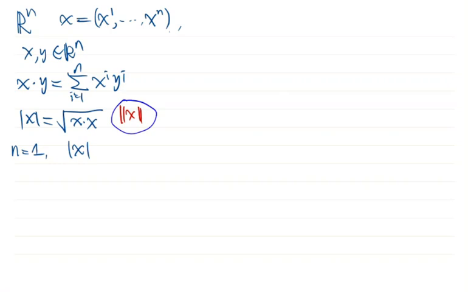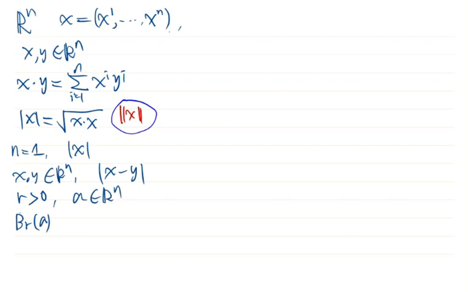Having defined the inner product, we introduce the distance between two points. If x and y are two points in Rn, their distance is the norm of their difference. And if r is a positive number and A is a point in Rn, then B(r, A) is the ball consisting of all points in Rn whose distance to A is less than r.